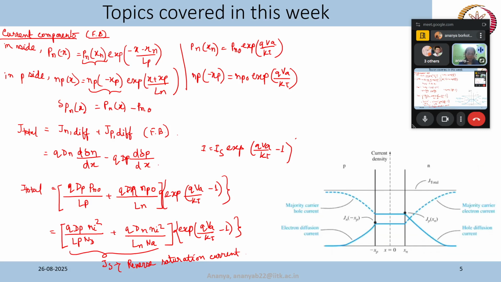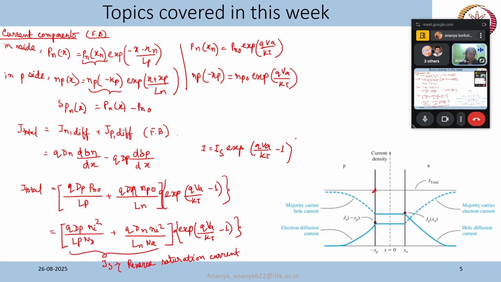That is why we are only considering our current at this position and at this position. We are considering that there is no recombination of carriers in the depletion region, so whatever our hole current is in this position, that is same as this position. So we can sum this up and get this total current.